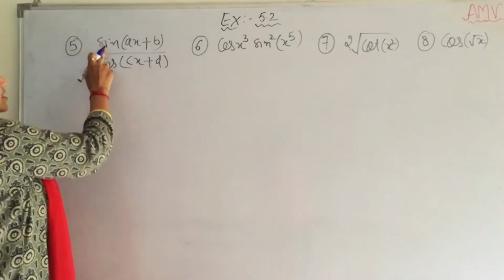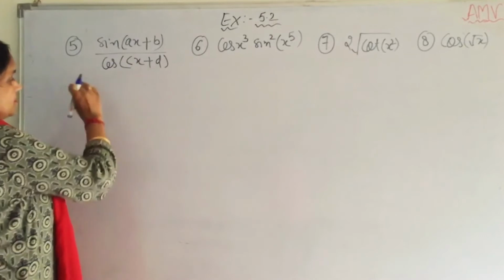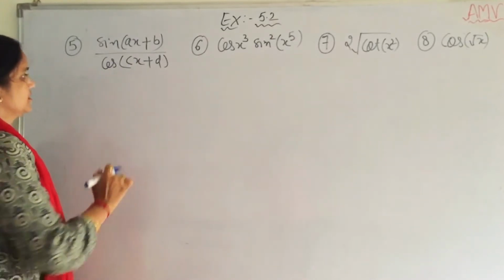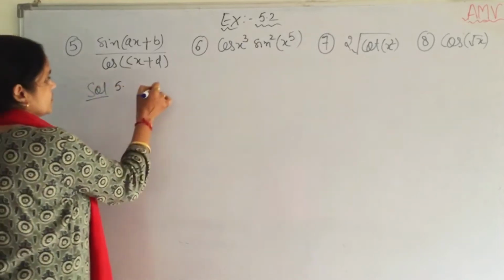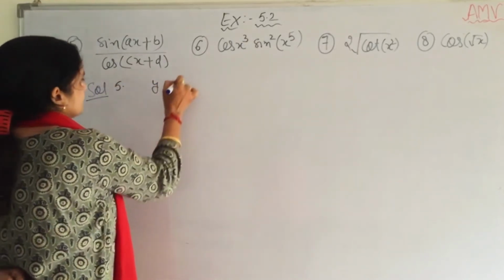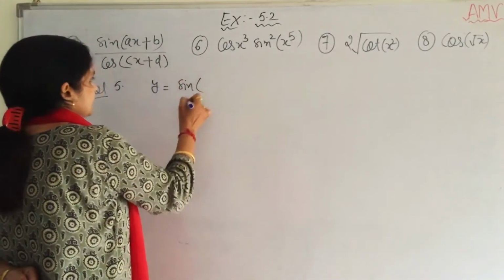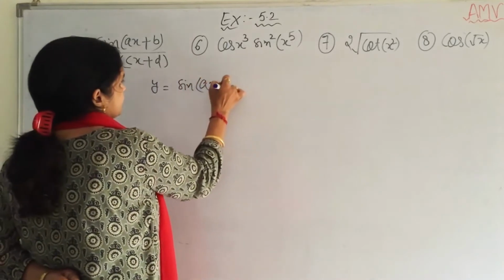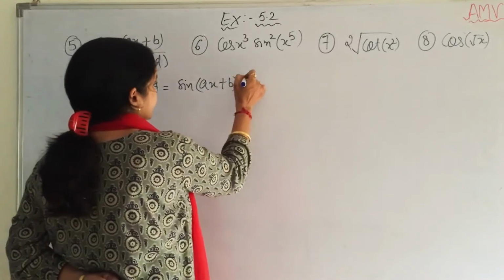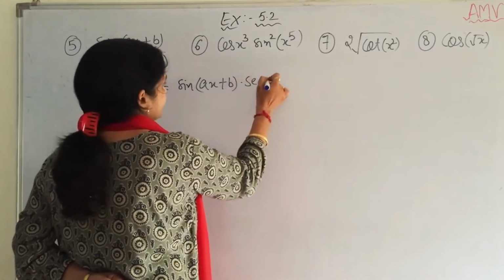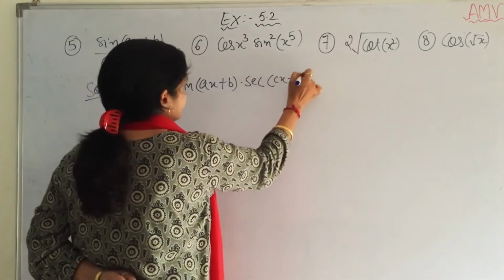Question number 5. The question is sin(ax plus b) upon cos(cx plus d). For this question, y is equal to sin(ax plus b), and 1 by cos we can write as sec(cx plus d).